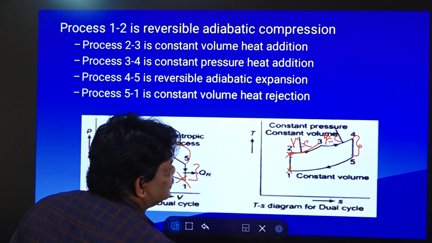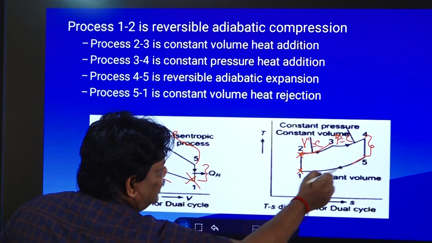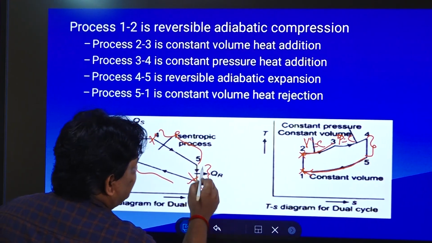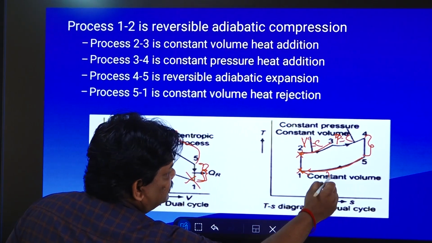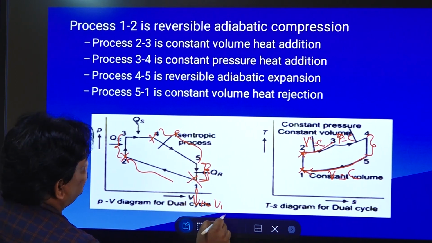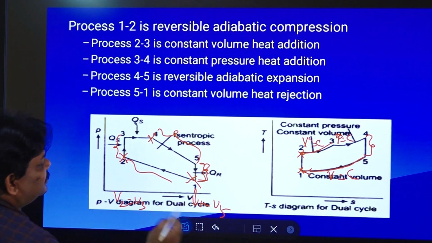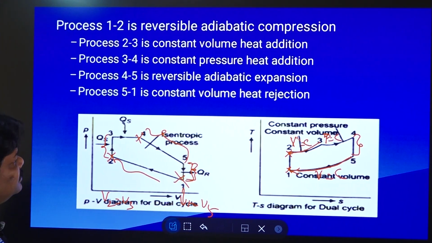Okay, so 4 to 5 is the expansion process, and then it reaches its initial position through heat rejection, from 5 to 1, through this constant volume process. Here V1 is equal to V5 and V2 is equal to V3. You have to remember these things while working out these problems.